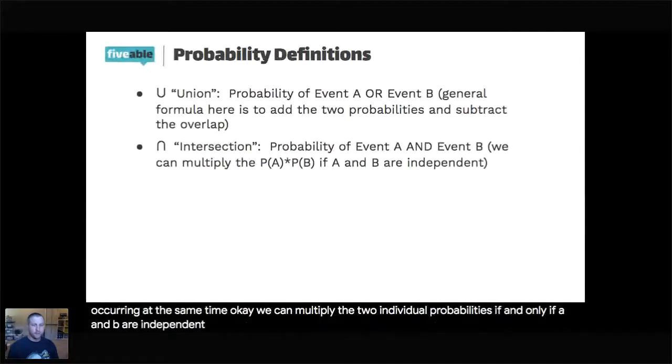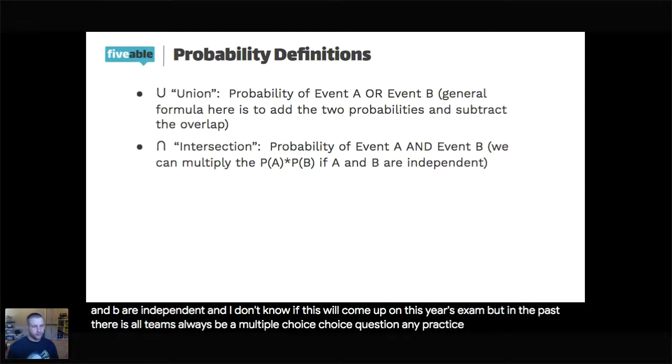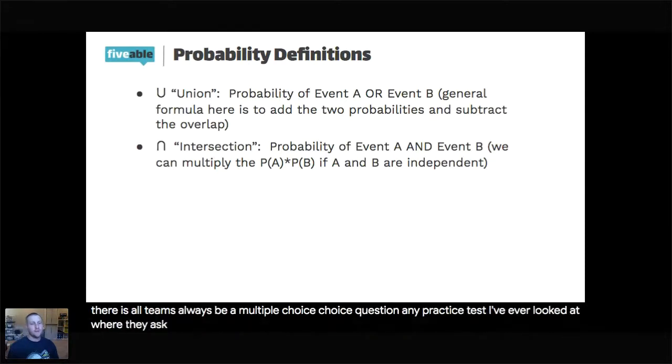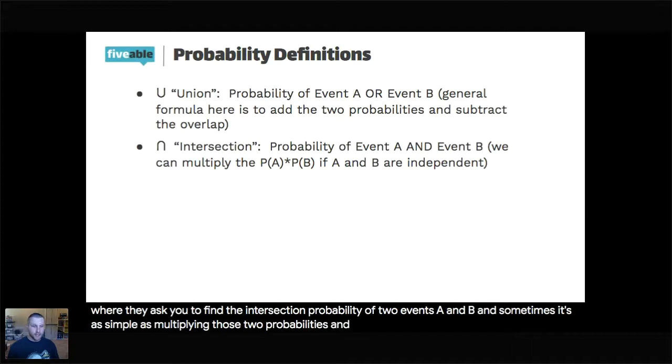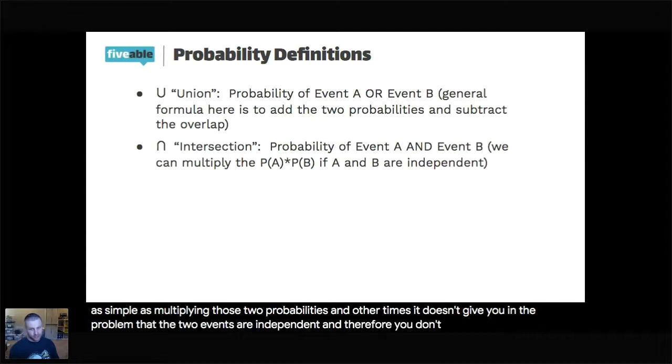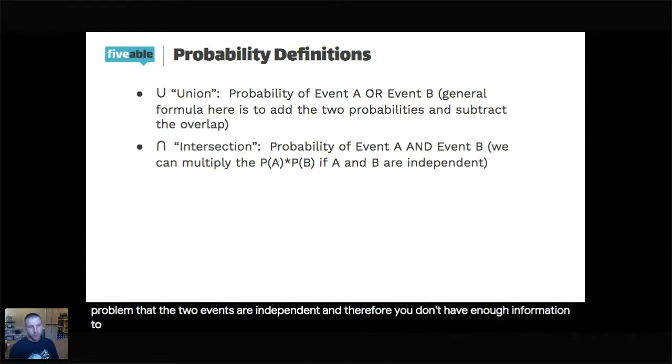And I don't know if this will come up on this year's exam, but in the past, there seems to always be a multiple choice question, on any practice test I've ever looked at, where they ask you to find the intersection probability of two events, A and B. And sometimes it's as simple as multiplying those two probabilities. And other times it doesn't give you in the problem that the two events are independent, and therefore you don't have enough information to calculate that.